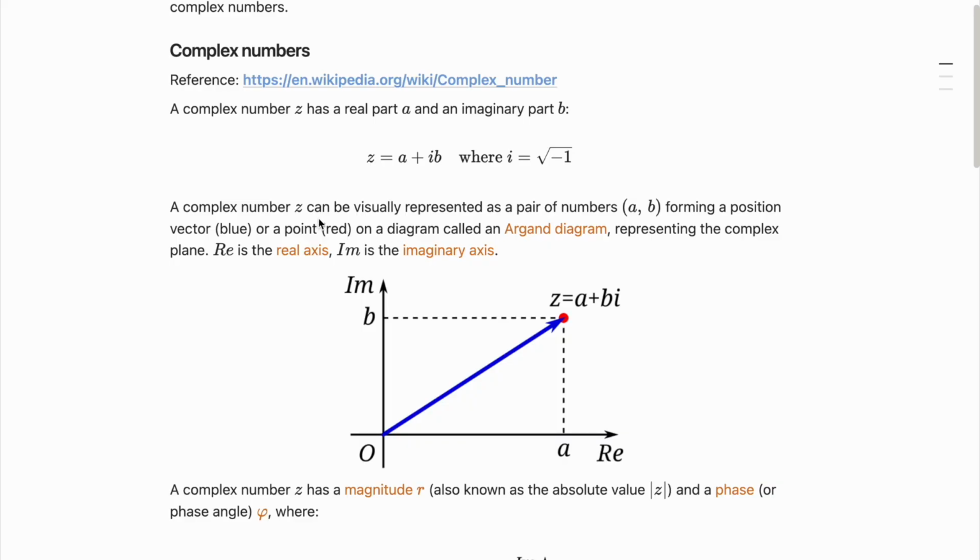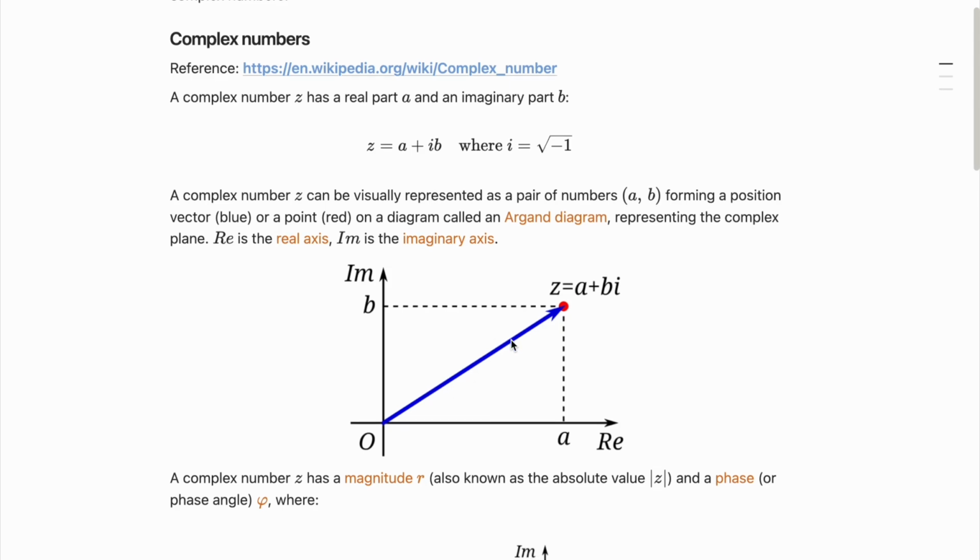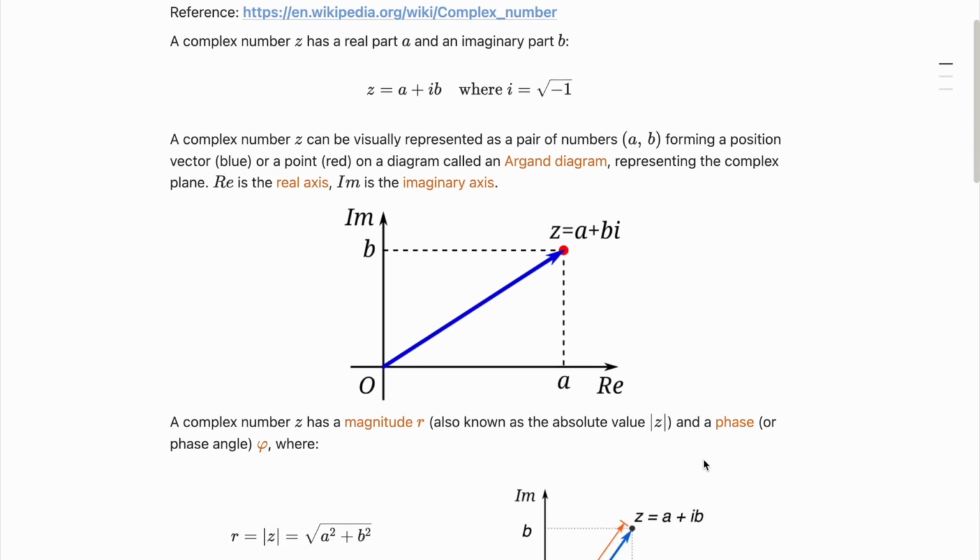So a complex number z can be visually represented as a vector on this diagram that's called the Argand diagram, and the x-axis is the real axis and the y-axis is the imaginary axis. And again, the complex number is just z equals a plus b times i.